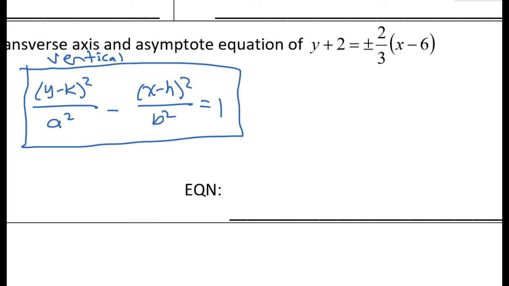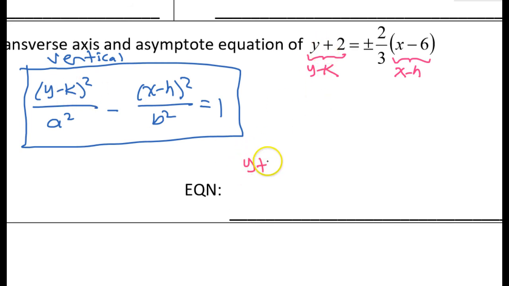Now, the next thing you have to understand is when we write the equation of the asymptotes, this is the y minus k, and this is the x minus h. So I can plug those into the equation right now. So my y minus k is really y plus 2.